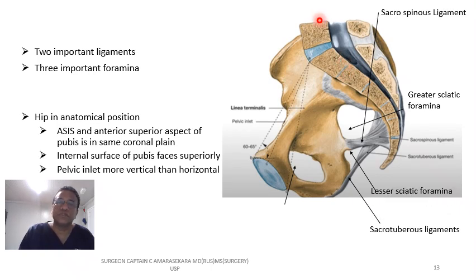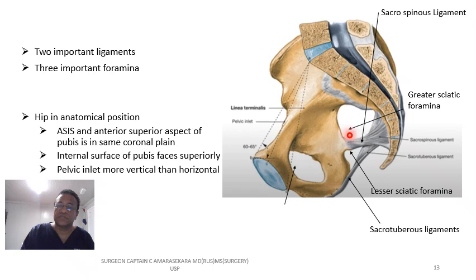So together these ligaments transform the notches into functional foramina, allowing the passage of critical structures. What are those critical structures passing through these foramina? Sciatic nerve, pudendal nerve, and internal pudendal vessels. This is your greater sciatic foramen.